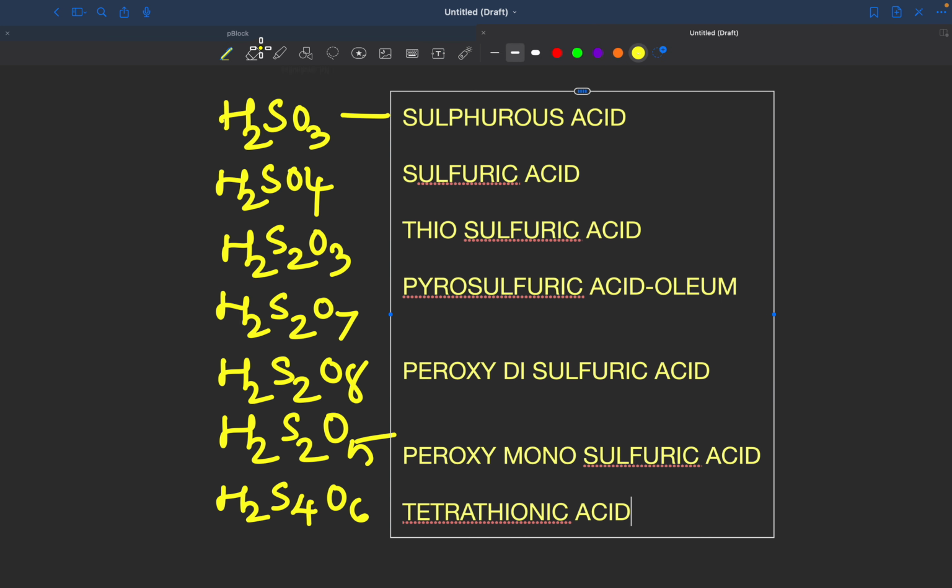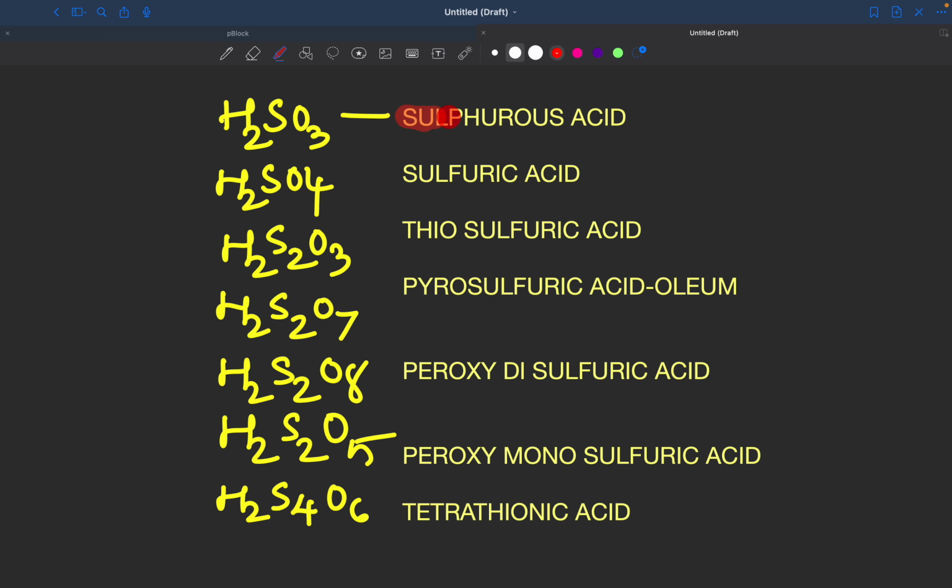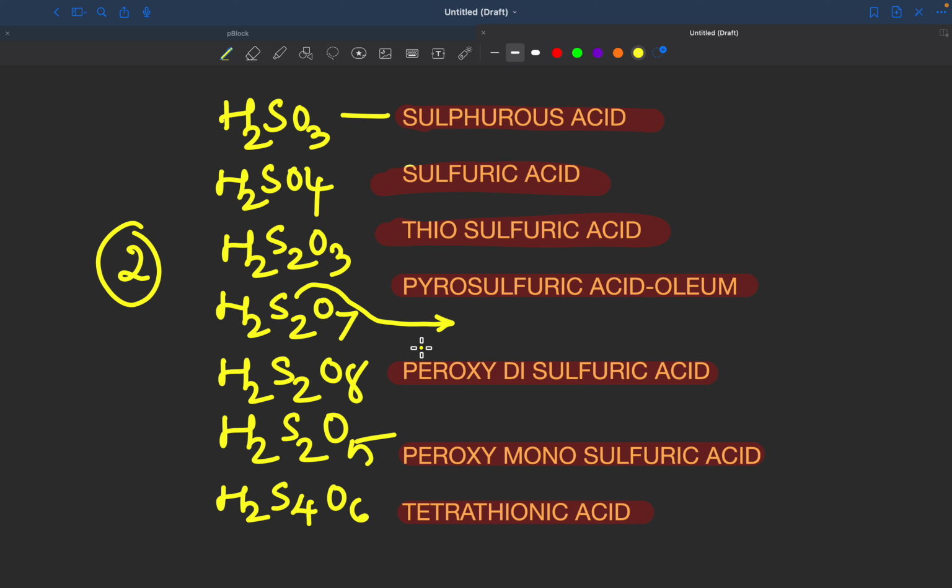Right. So please take a note of these acids, because questions can be asked in any way. The types of questions asked so far on the basis of these acids: basicity is 2 for all, so they won't ask questions on that, because all hydrogens are replaceable. And regarding those with 2 sulfurs, the 2 sulfurs are not connected directly in pyrosulfuric acid. You should know this one.